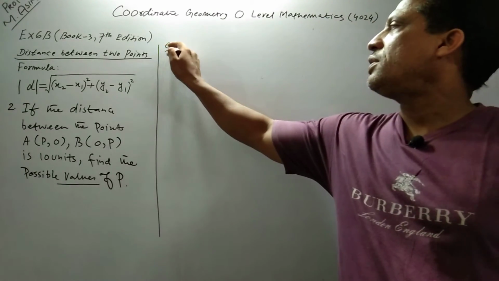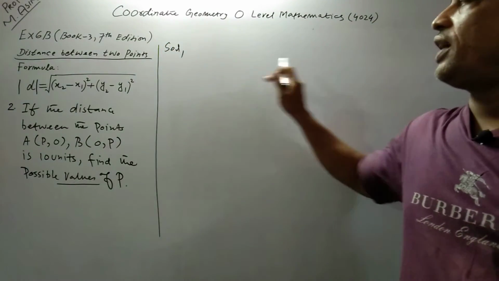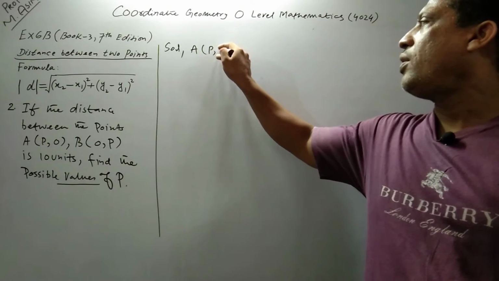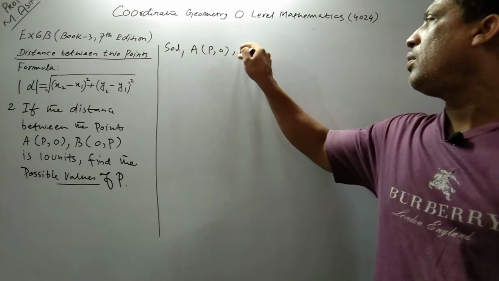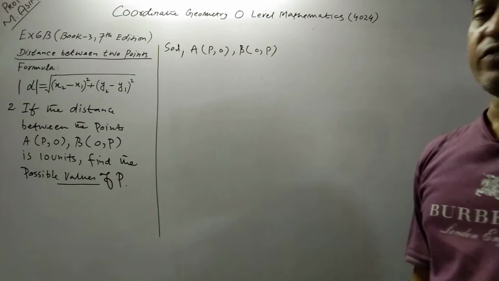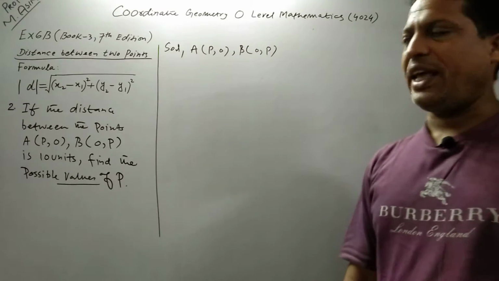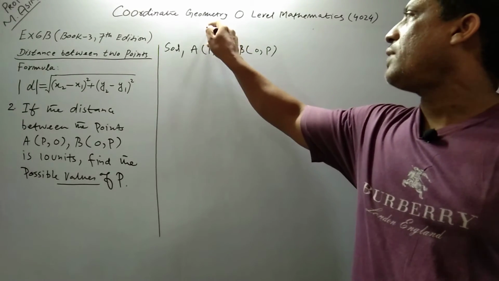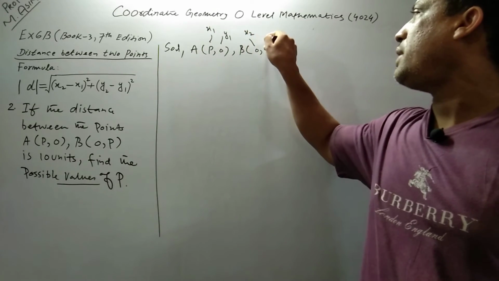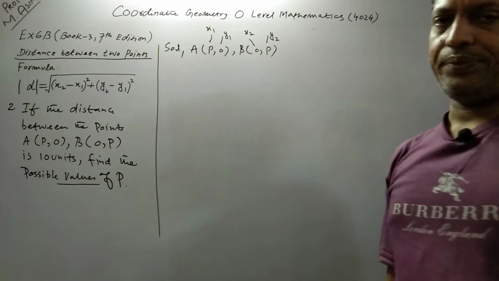So the solution is, first we have to write the given coordinates A is (p, 0) and B is (0, p). First we have to find the distance between A and B. This is x1, y1, this is x2, y2.